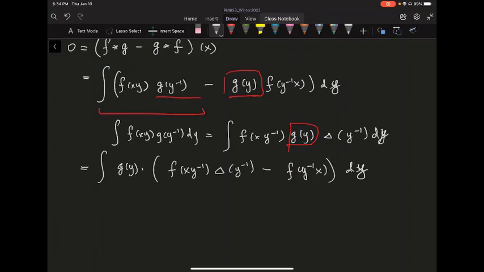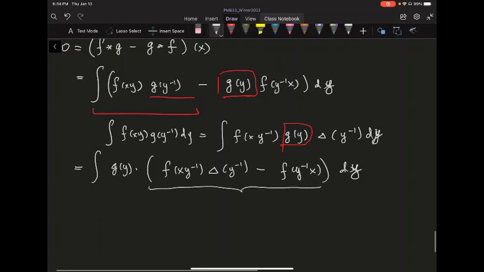Because f and g are arbitrary, they can be any L1 functions. If you integrate the L1 function g(y) against this expression and still get 0 for all g, it just means that the expression itself is 0.